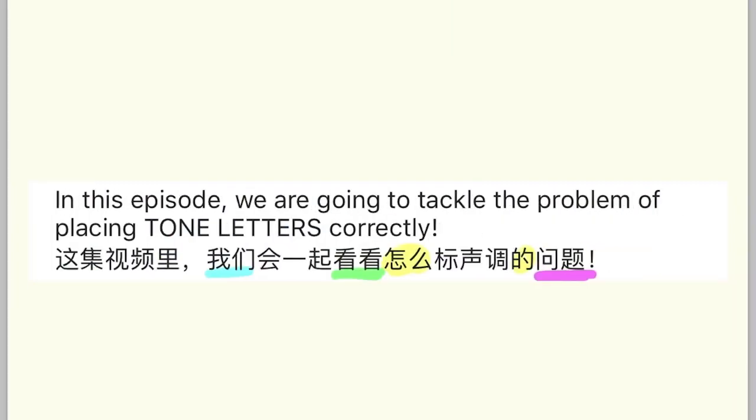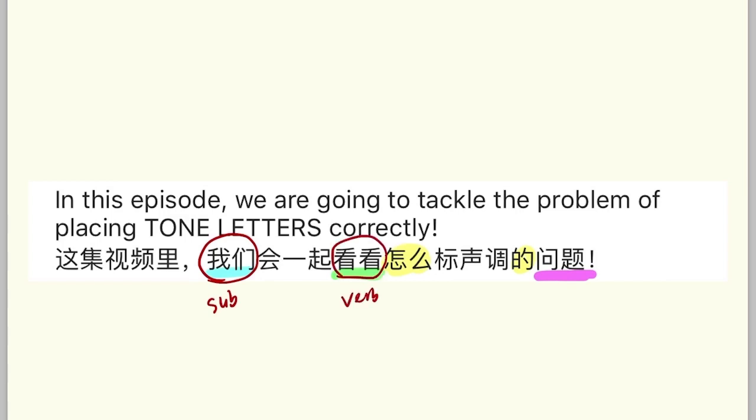The third example, 这集视频里我们会一起看看怎么标声调的问题. The first part is quite simple. In this video, 这集视频里. We'll look at the second part, which is a bit long. So the subject of the second sentence is 我们, we, and the verb is 看看, have a look at.